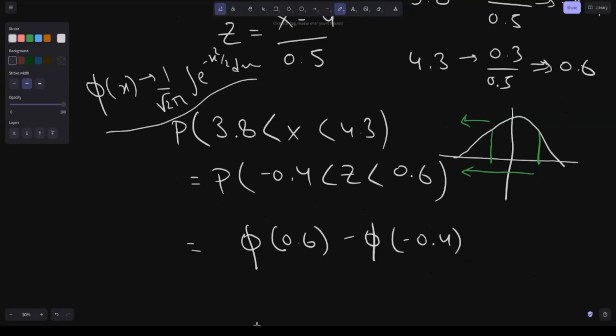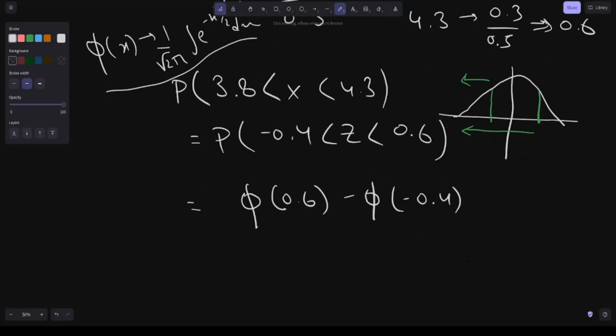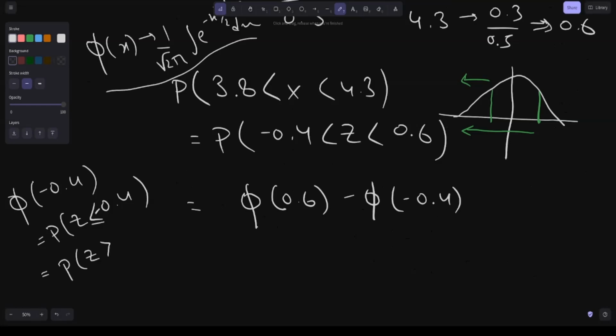Let's find this area. So this minus 0.4 is basically the probability of z less than or equal to minus 0.4, or we can say it is P of z greater than or equal to 0.4, because if this area is symmetric to this area. The normal curve is always symmetric, so if I am taking this area, I can also take this area.